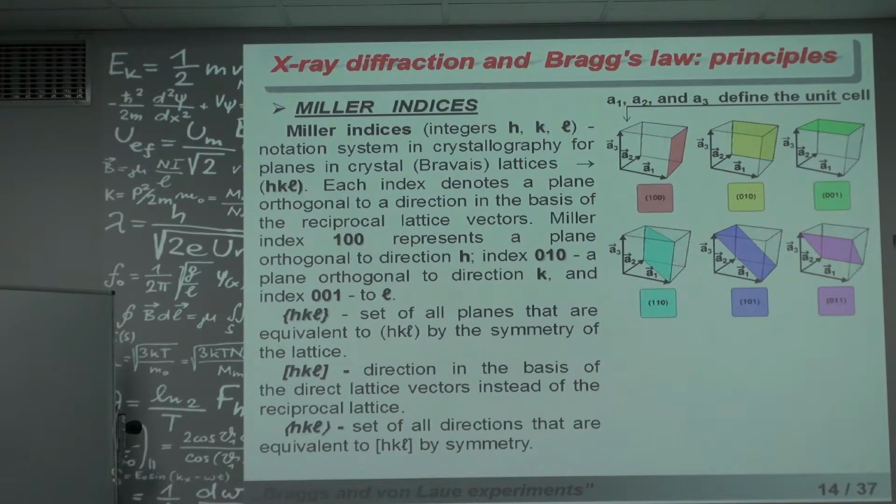For example, let us have a cubic primitive cell with the vectors a1, a2, and a3. In this case, we have the Miller indices 1, 0, 0, denoting a plane which is orthogonal to the direction h. We have the yellow plane, 0, 1, 0, which is orthogonal to direction k, and the green one, 0, 0, 1, perpendicular to l.